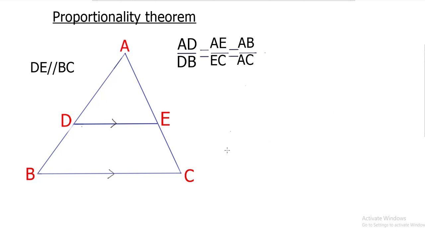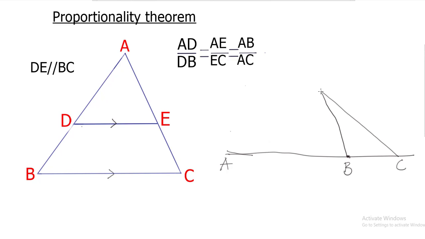If you have a line like this, a line AC, then you say, okay, I want my triangle to be on this side, so BC, and you have this triangle, and this is the head D. If this is your ground, the height of the triangle will be drawn here.